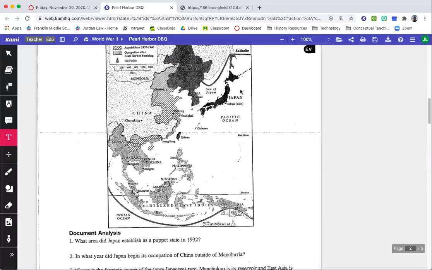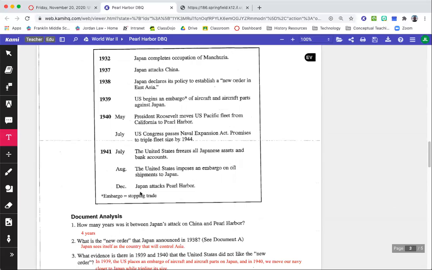So if we stop trading with them, that might make them want to take over this area down here, because this has a lot of oil in the Netherlands East Indies. Today it's known as Indonesia. If we don't give them the oil, they're gonna have to get it from somewhere else, and somewhere else is going to be the Dutch East Indies down here. So that's going to actually push them to further expand their territory.